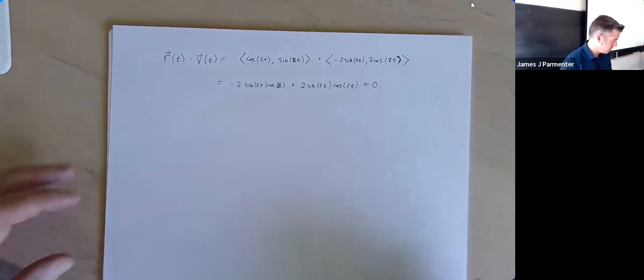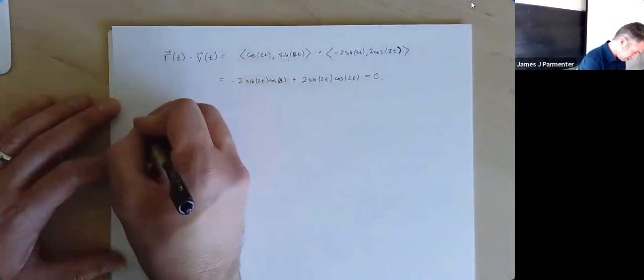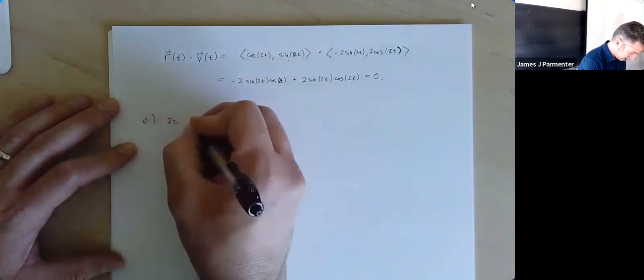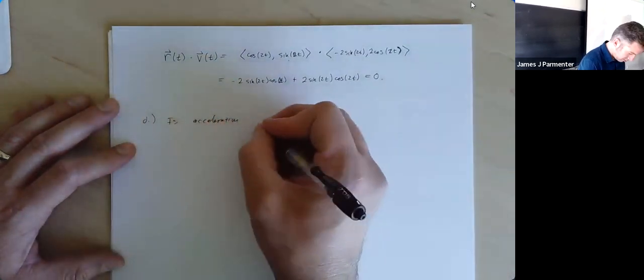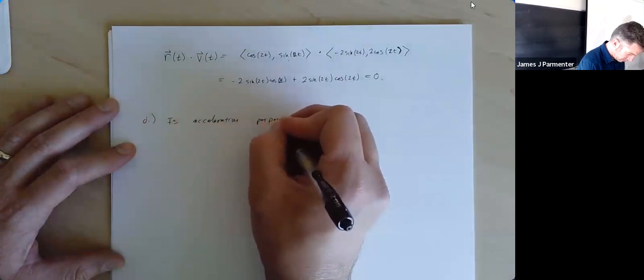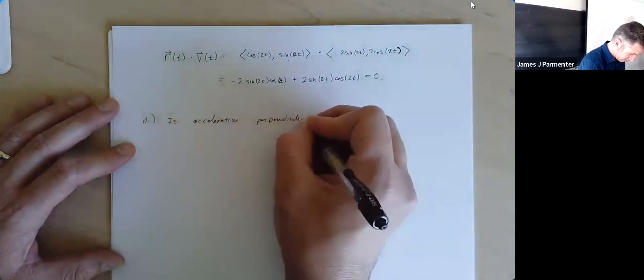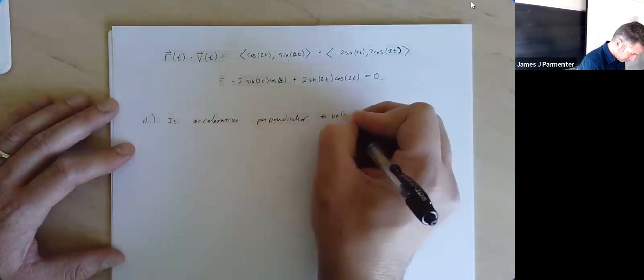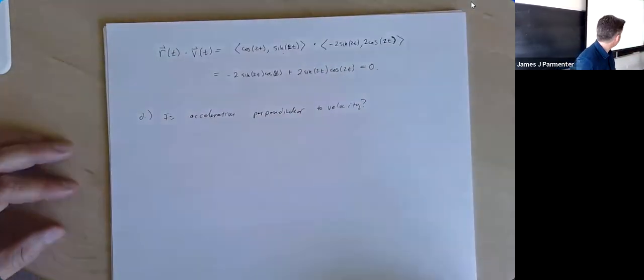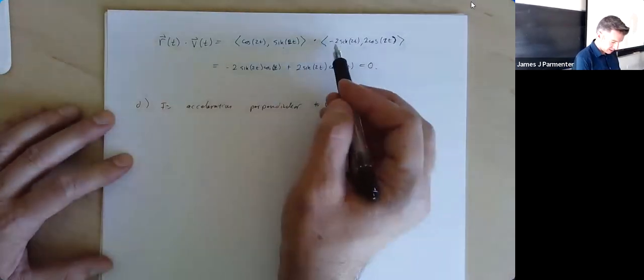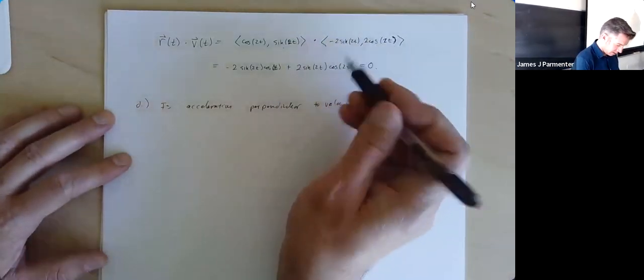Let's ask the last question. Is the acceleration perpendicular to velocity? And the answer is going to be yes, but let's go ahead and see. So just like here, velocity is -2 sine of 2t, 2 cosine of 2t.